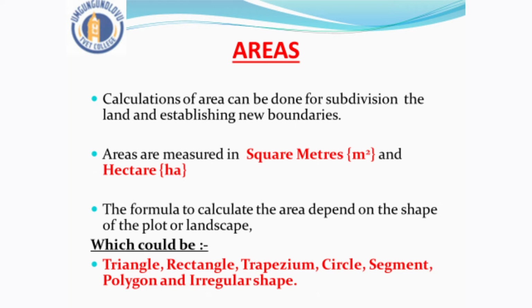So it depends on the shape of the plot or of the landscape, which could be triangle, rectangle, trapezium, circle, segment, polygon, and irregular shape. So each shape has its formula that you need to use when you are calculating the area.